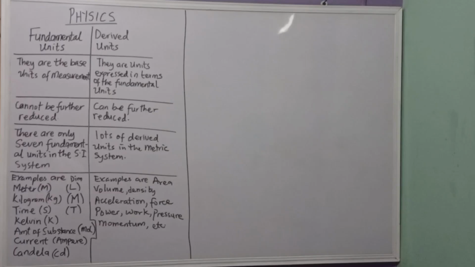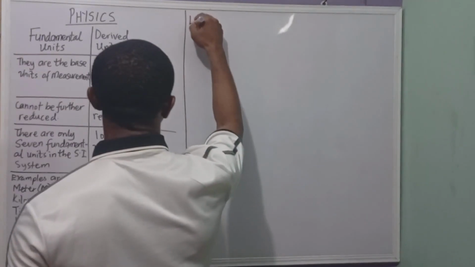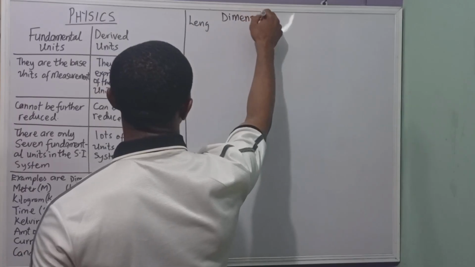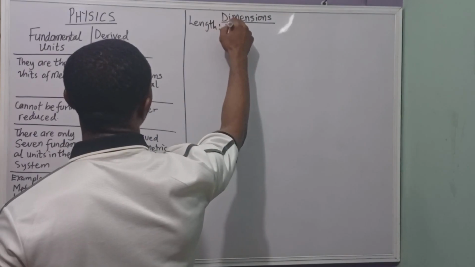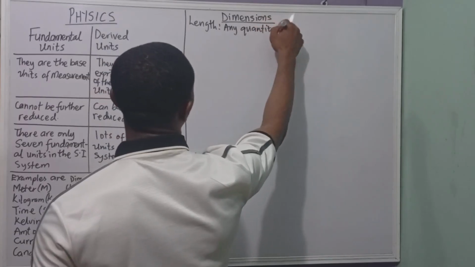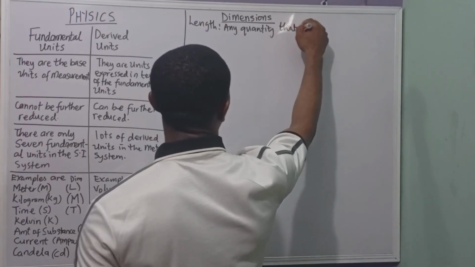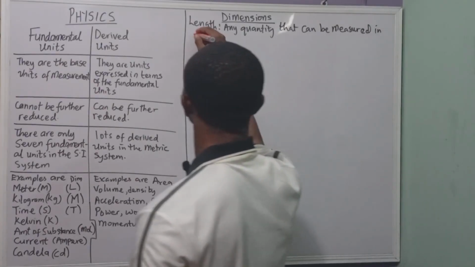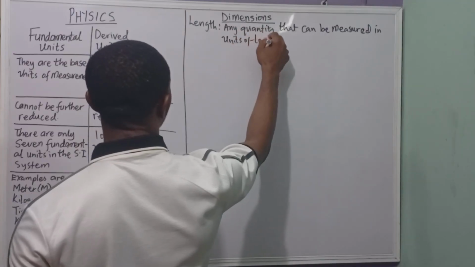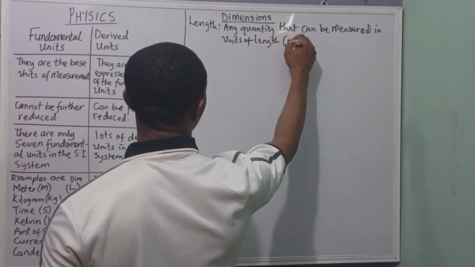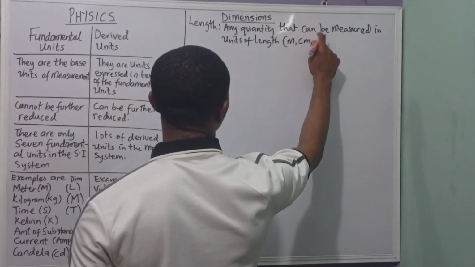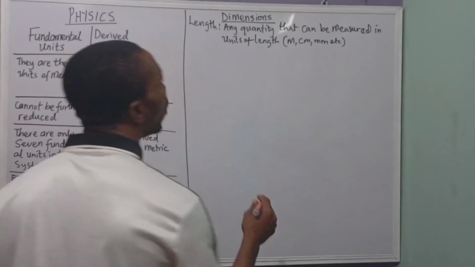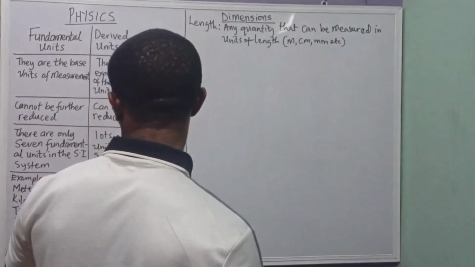Length is any quantity which can be measured in units of length, or meters, and it bears L. Units of length include meter, centimeter, millimeter, etc. All of these can be converted to meters, which represents length.